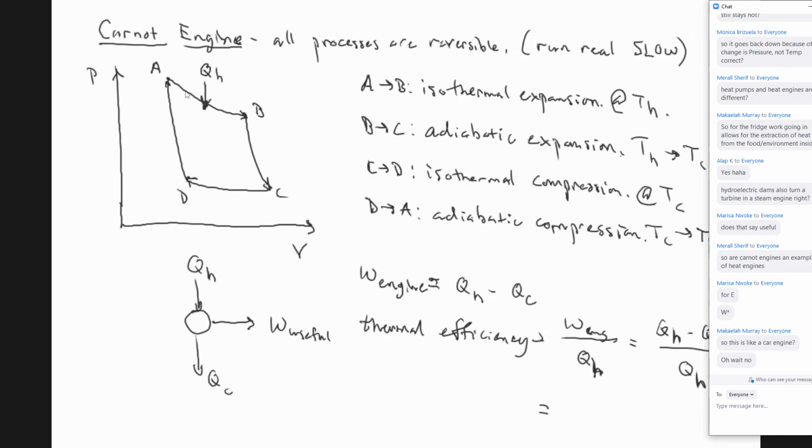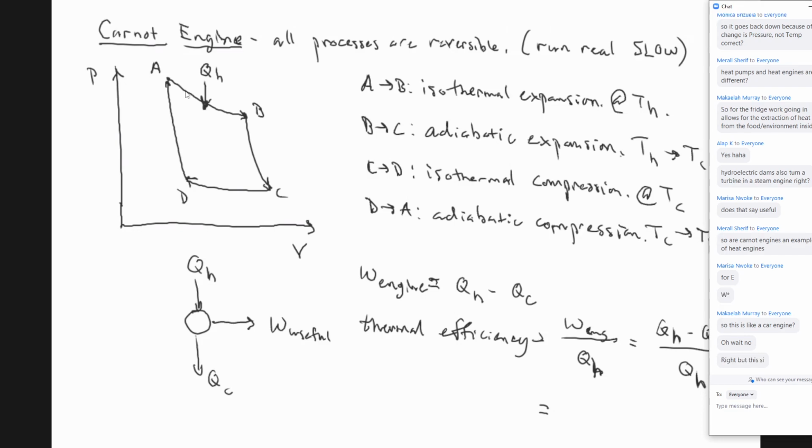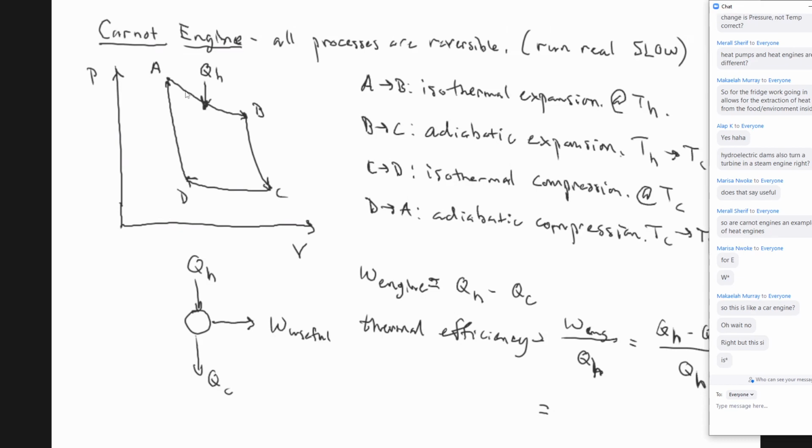We know that we lose basically 67 or something percent. But this is not losing anything. So 1 minus QC all over QH is your thermal efficiency. We'll call this E.